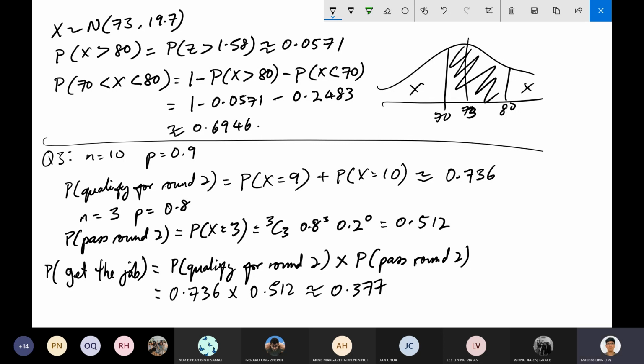Okay. After that, it asks you what is the minimum number that you need to interview, the minimum number of interviews so that you have a 98% chance of one or more candidates. So it's back to the same question again.